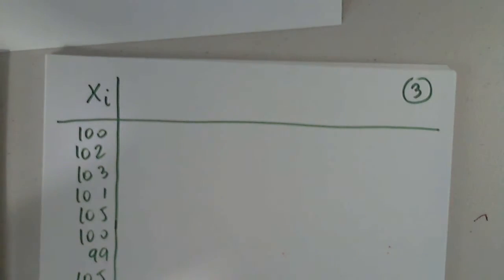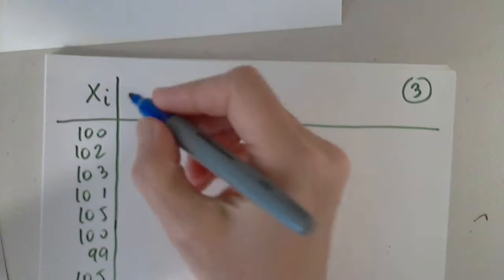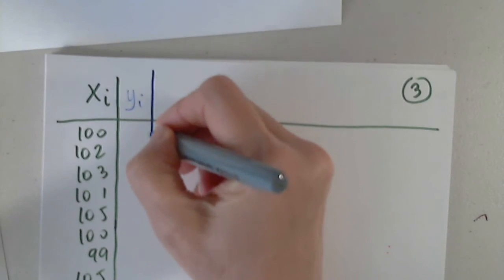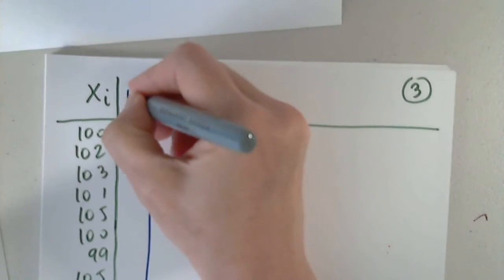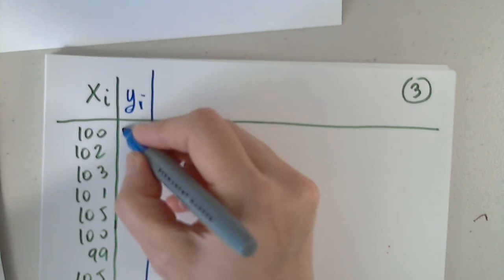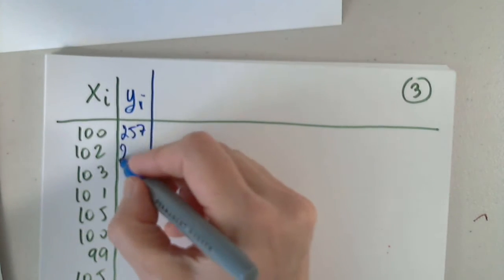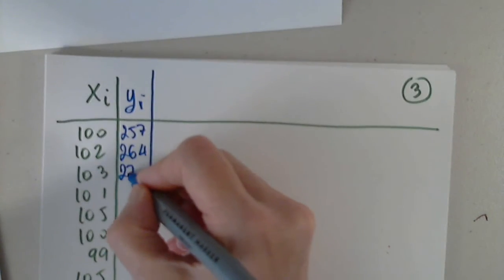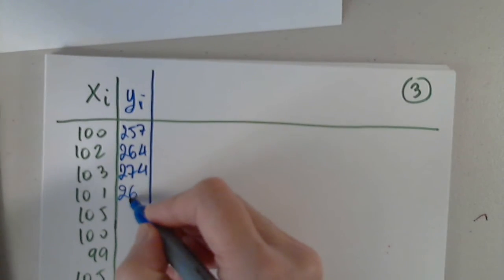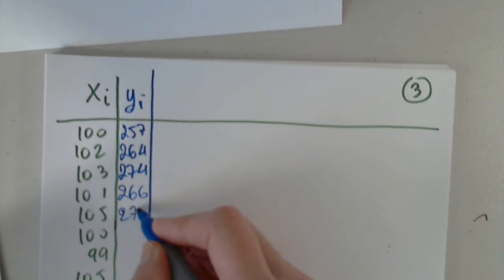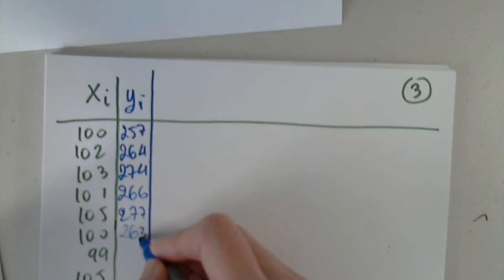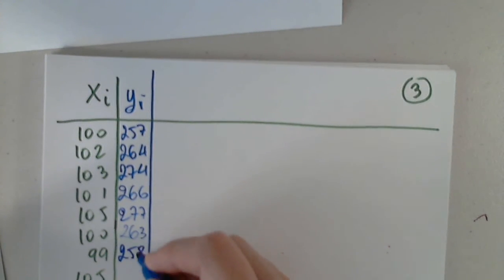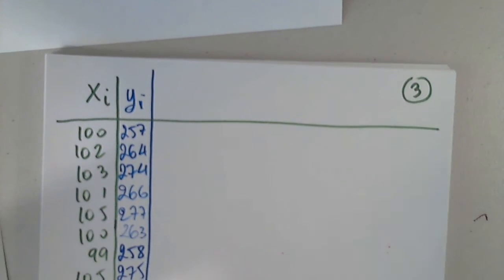Now I enter y: $257, $264, $274, $266, $277, $263, $258, and $275.